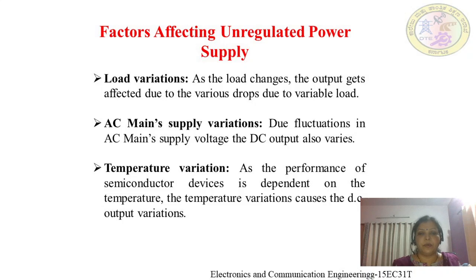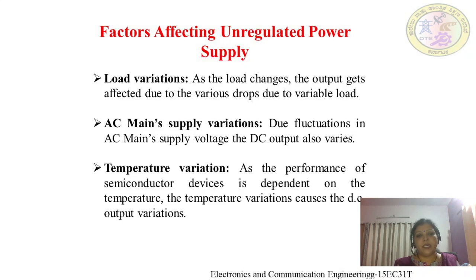To conclude briefly, a DC unregulated power supply suffers from all these problems. Primarily, variations in the load current: when load current increases, the DC output power delivered to the load also changes, which should not happen.